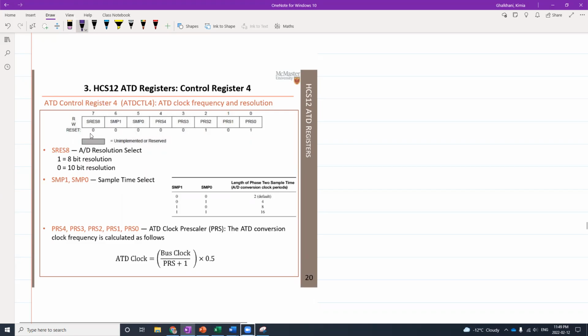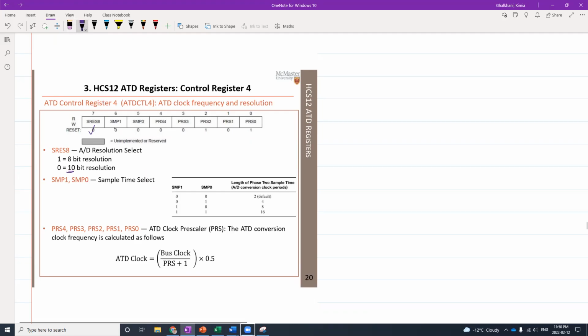In this case, for example, this bit is for resolution, and it can be set to either 8-bit resolution or 10-bit resolution. If it is 0, it is 10-bit. But if it is 1, it is going to be 8-bit resolution, right?